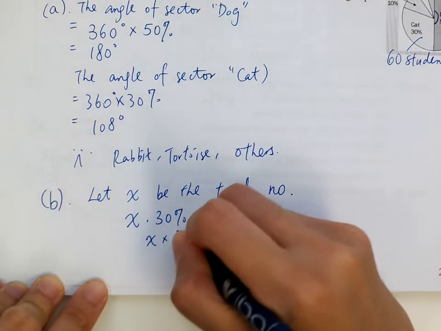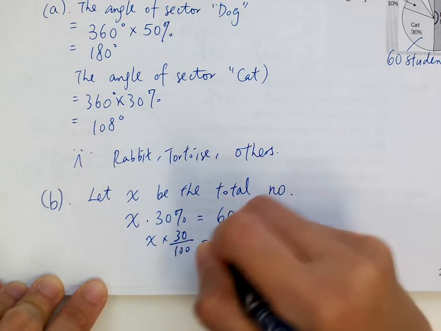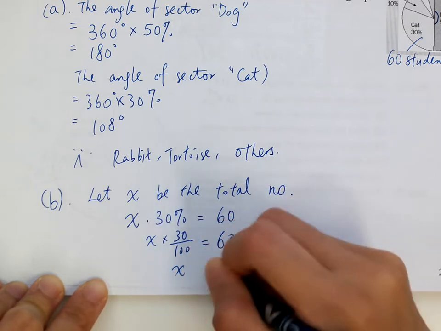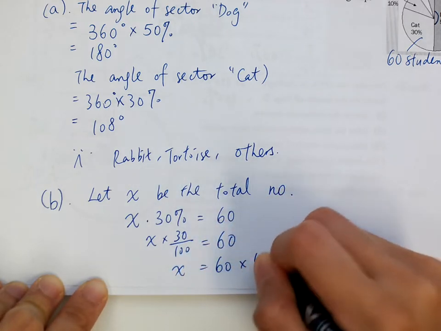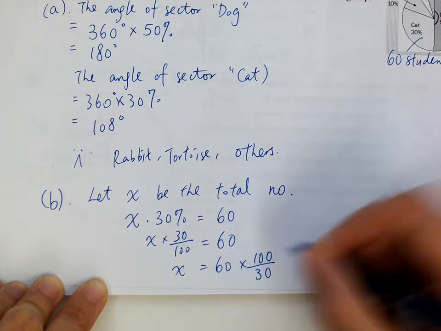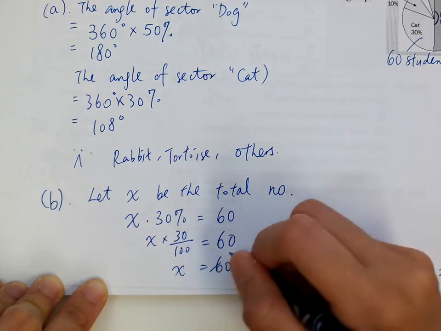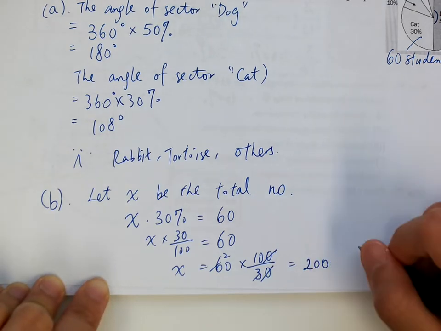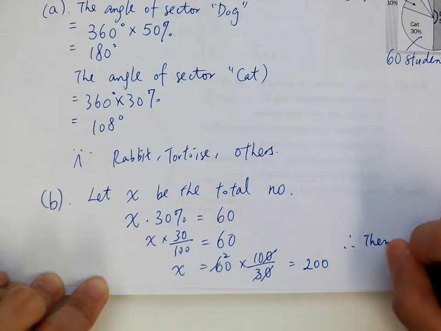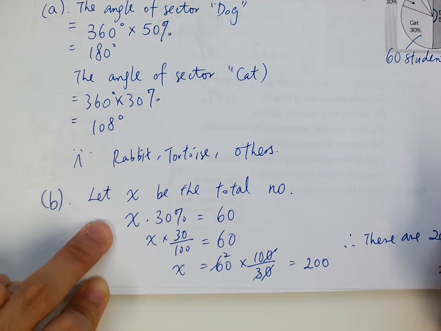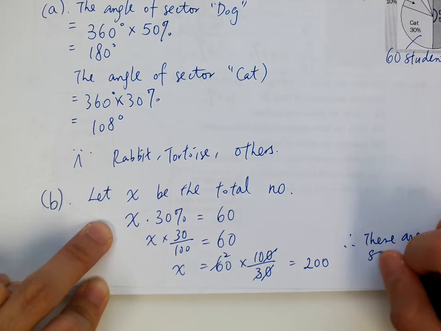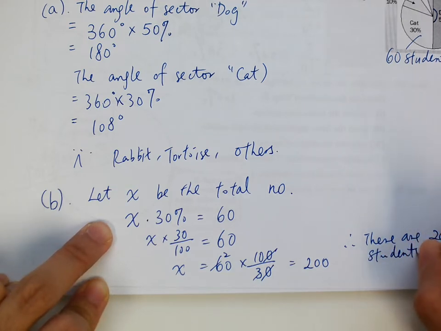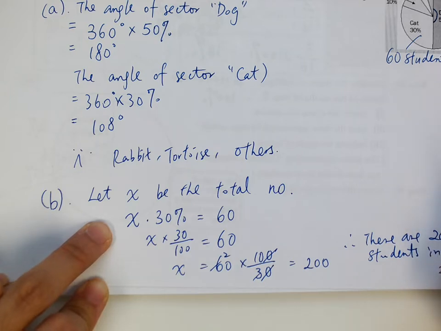And therefore, you can change it into a fraction and then try to solve the value of x. This is 200. Okay, therefore there are 200 students in the group.